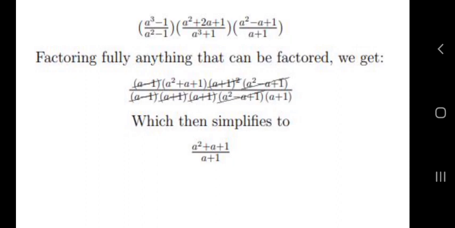Now, I do also want to mention, when are we allowed to cancel things? So, in this situation, there's just a product of things on top and a product of things in the bottom. So, we can cancel something if it's a factor of both the top and the bottom. If something is a factor of the top, that means that thing is being multiplied by the rest of the numerator, right?